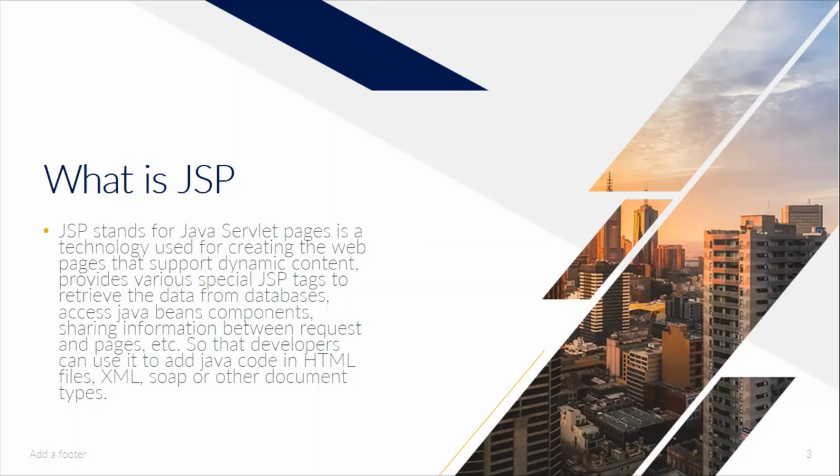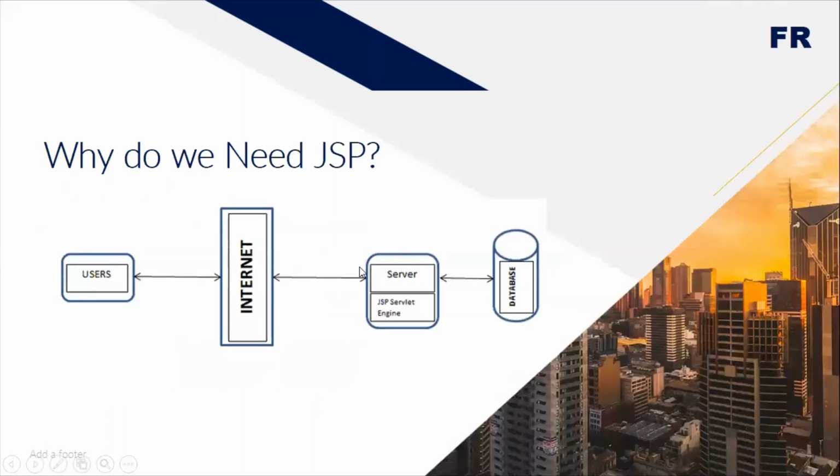Dynamic content like checkboxes and action buttons can be extracted for their values. So JSP can access Java Beans, so an object for it.